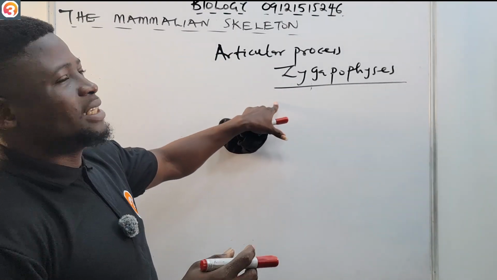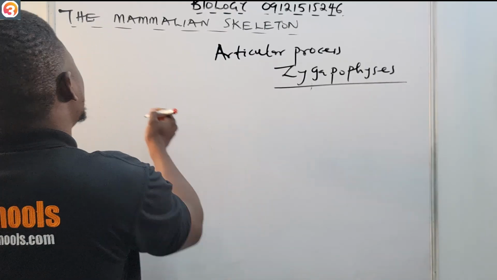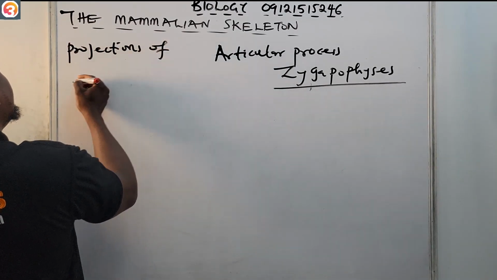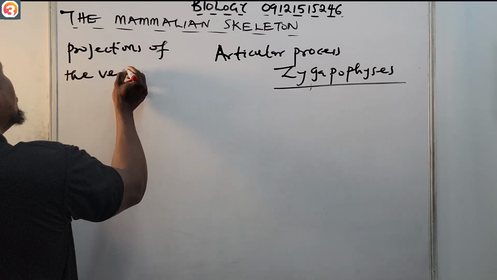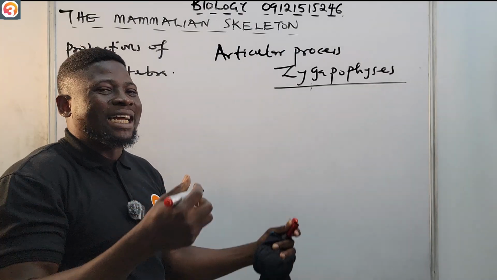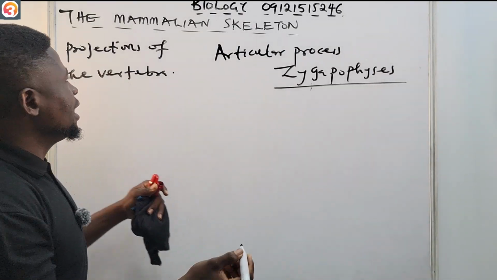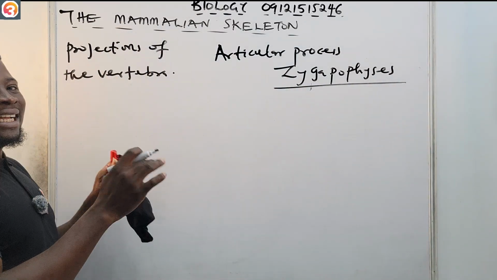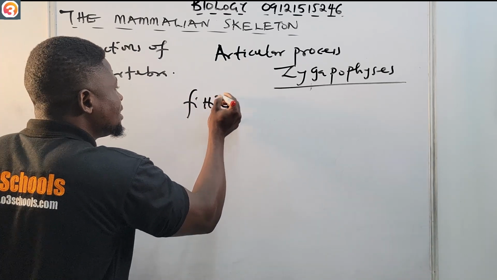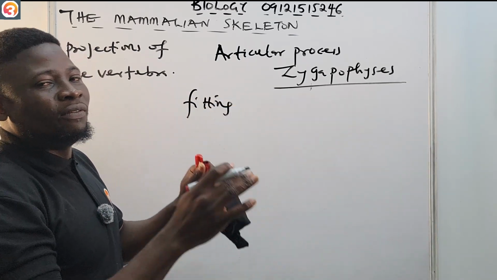And these articular processes are projections of the vertebra that serve the purpose of fitting into an adjacent vertebra.